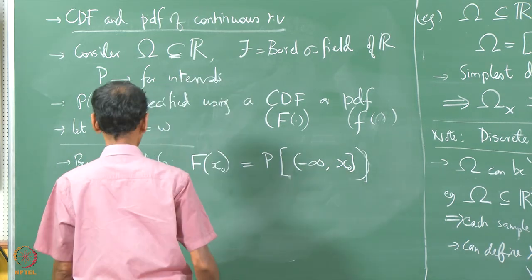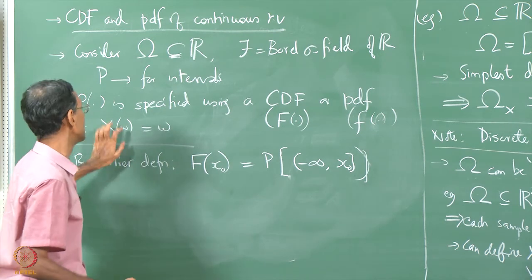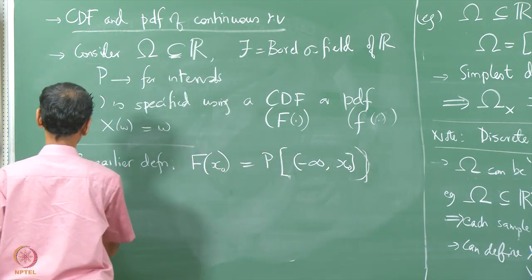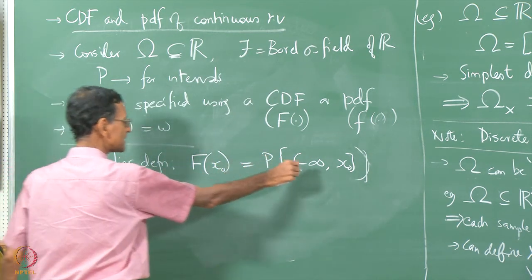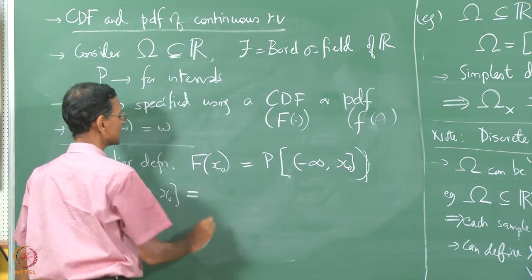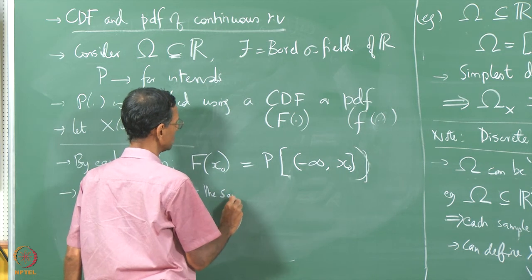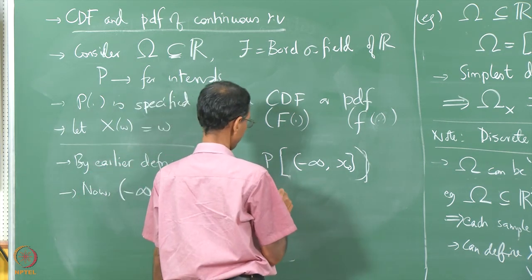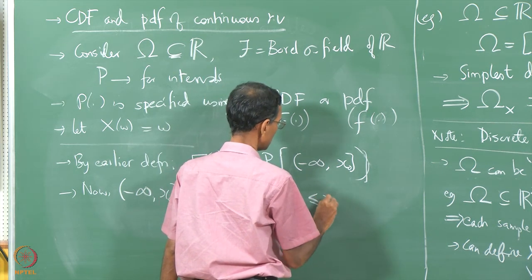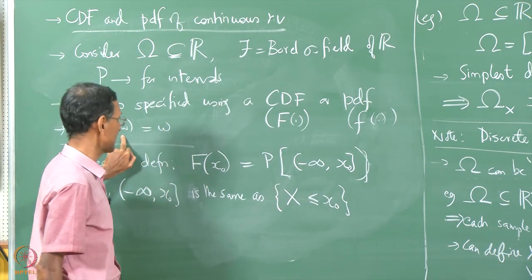Okay. So now this is the definition of the CDF, regardless of, before we even brought in this random variable. Now we bring in this random variable and it is clear that this interval, minus infinity to x naught, is identical to the event that the random variable takes values no larger than x naught, because of this way of defining the random variable, right.